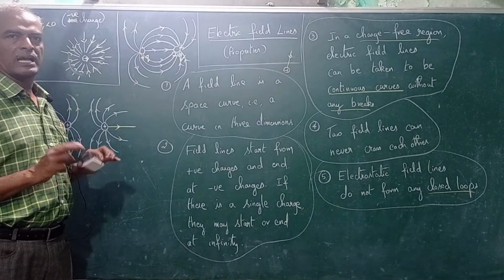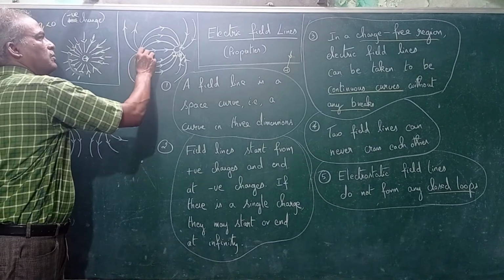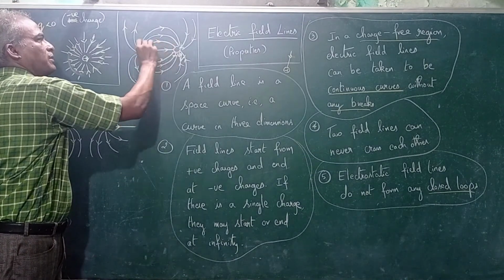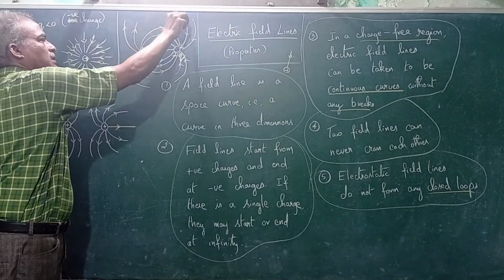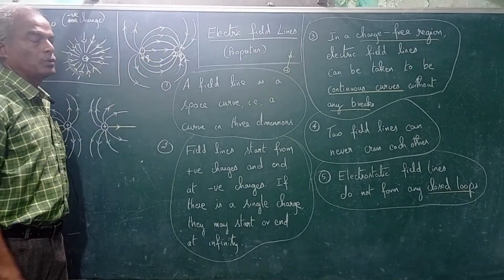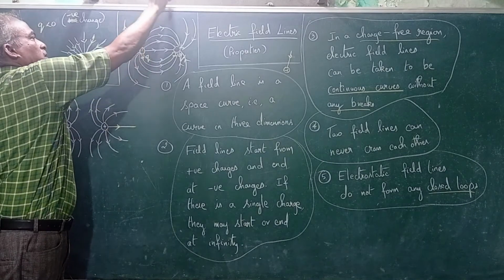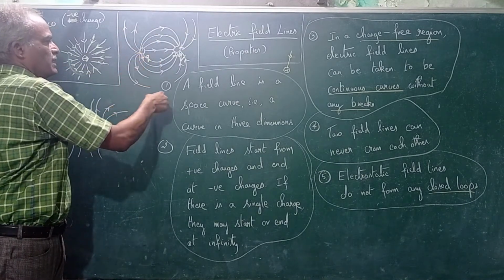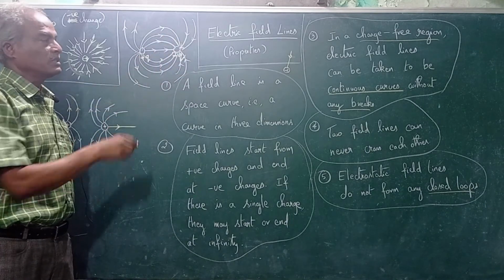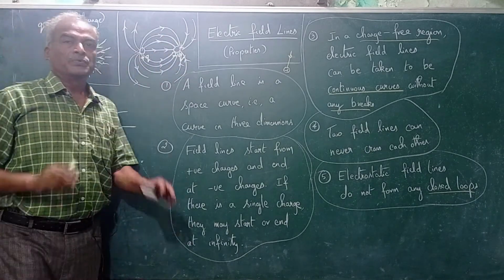Now last point, if you have a positive charge and a negative charge, it will try to attract. No repulsion, attraction. So the field lines go from positive to negative. This also starts from positive, makes a big circle and ends up here at minus Q. Similarly, this will start here, come around and end at minus Q. So this is happening in free space.